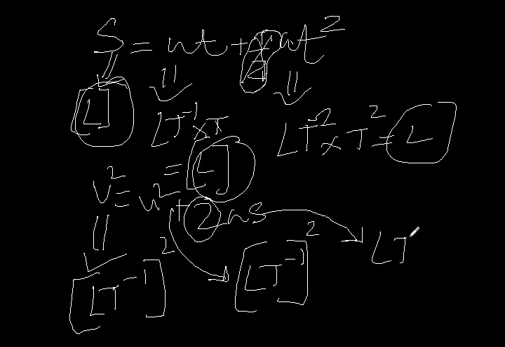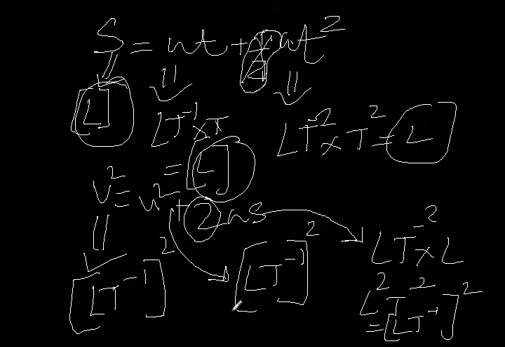Well, that is L t minus 2 into L. So that is the same value, L square t minus 2, which can be taken as L t minus 1 square. So again you can check that all these quantities are having same dimension. So as you can see in the equations of kinematics, all the equations are having same dimensions.